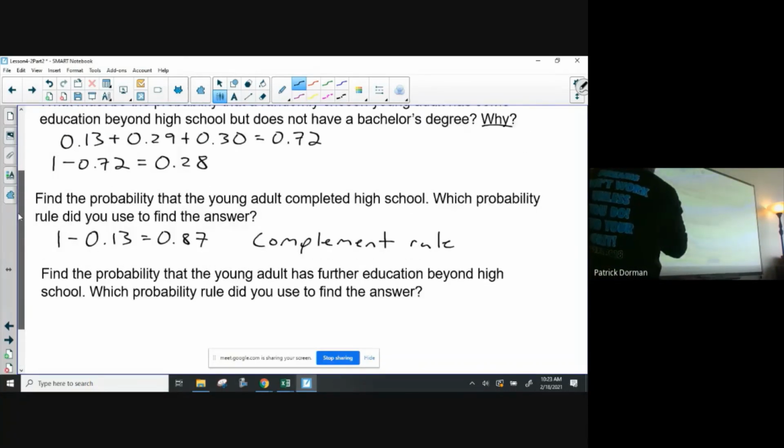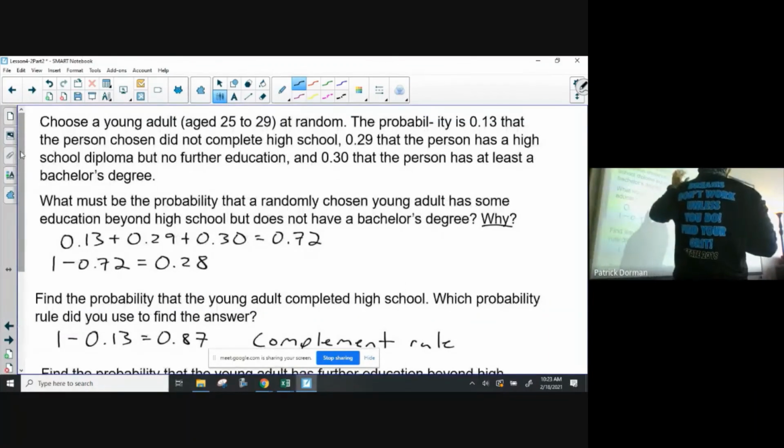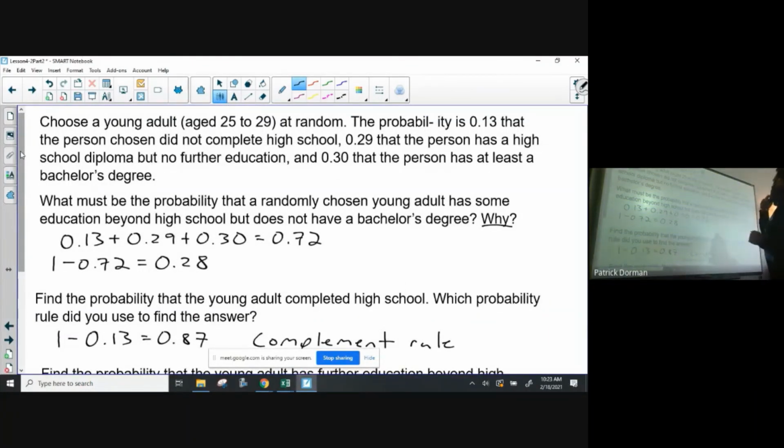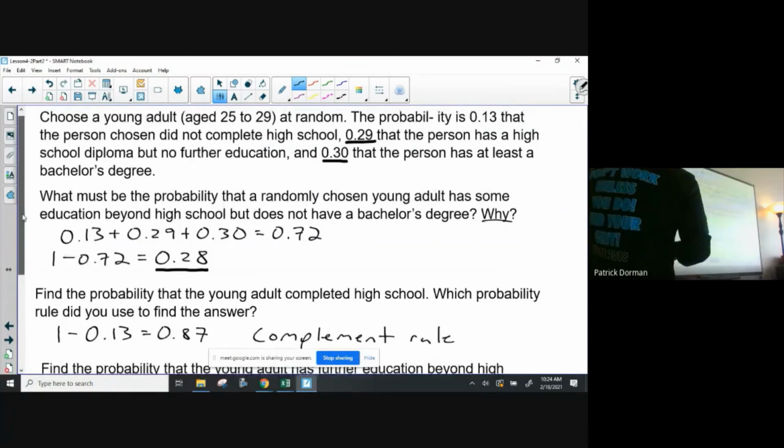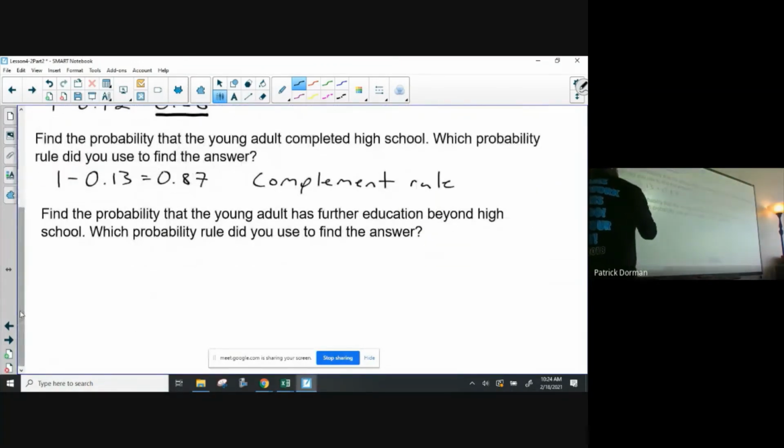Who are these people that have further education? What are the probabilities, I should say? So it's 0.13 that they didn't. This guy graduated from high school. This guy, there's a 0.3 chance that they graduated high school and have a bachelor's degree. And then also we figured out that this probability corresponds to people who graduated high school, have not graduated from college, but have done some education beyond that. So what should we do? We're going to use the addition rule.